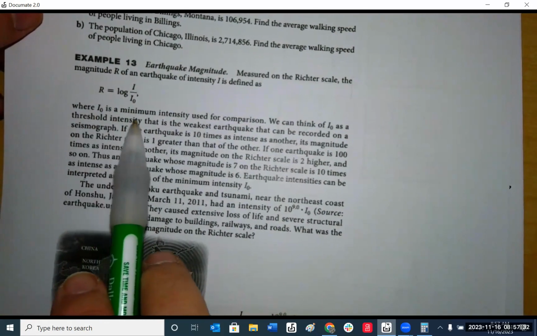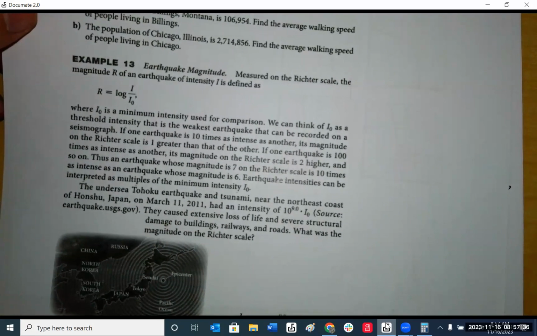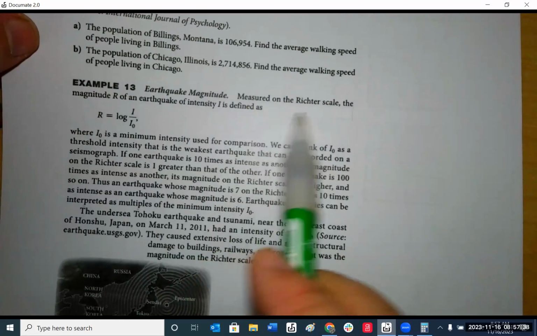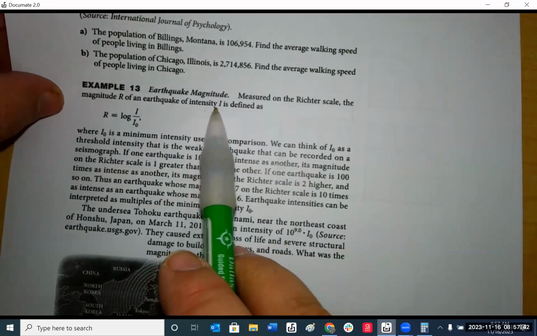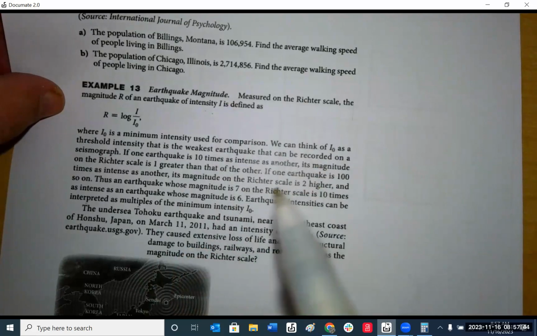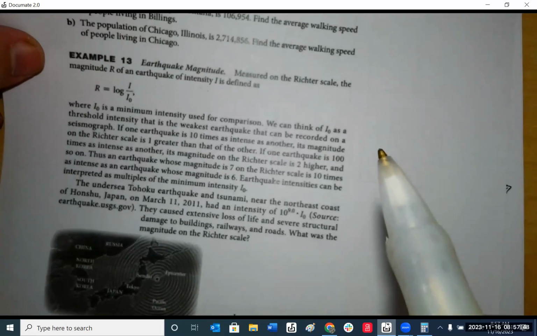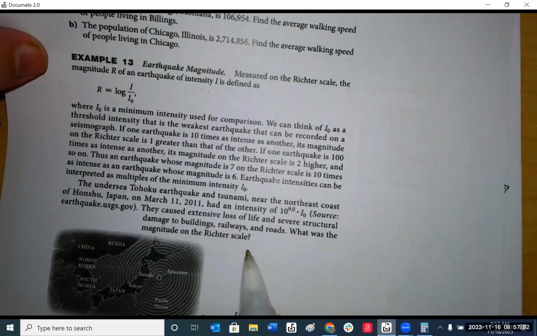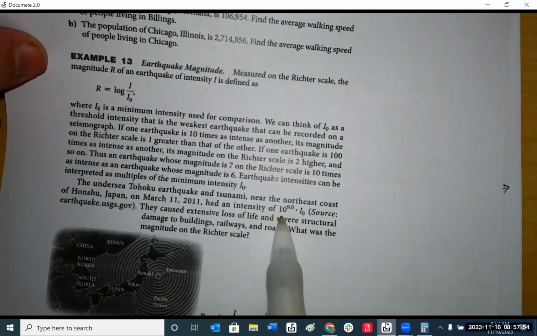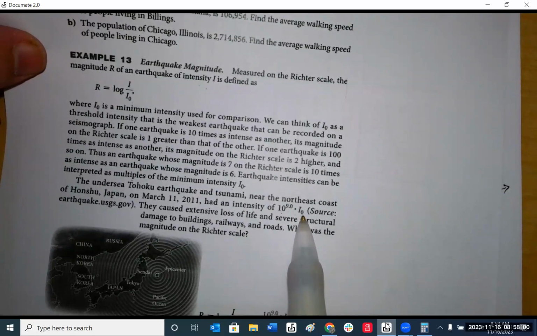I sub 0 is the minimum intensity level. And what is its intensity here? Measured on the Richter scale, find the intensity I, where I sub 0 is the minimum. So in this case, we're looking at an intensity of 10 to the 9th times I sub 0.